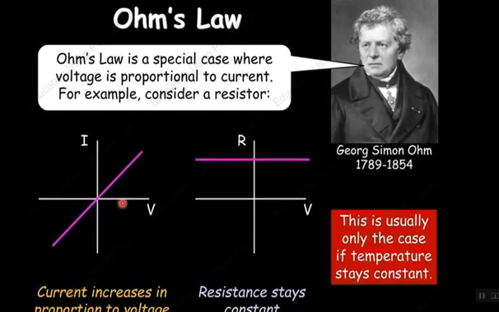Now this rarely ever happens. Most resistors that we know will never give us a straight line. It will give us a curve because the resistance changes the moment the temperature changes. Think of any device, a light bulb, a washing machine, a microwave, whatever uses electricity heats up.